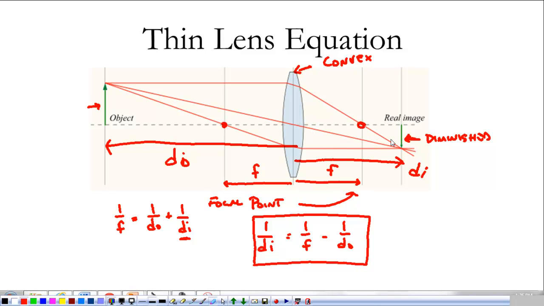It's gotten smaller as we've gone through this lens. It's also inverted. We also have rays actually crossing. Lenses magnify things or make things smaller. It turns out a convex lens is the only type of lens that can make things bigger, that can give us a magnification. So let's go through an example.